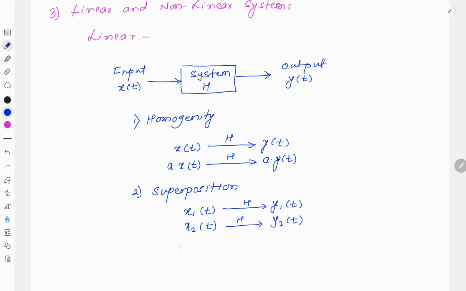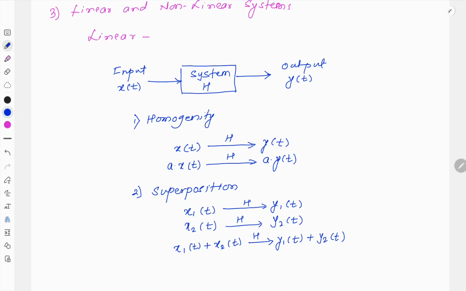And now if I apply both inputs simultaneously, so x1 of t plus x2 of t, then my output should be y1 of t plus y2 of t. This is the principle of superposition. So if I apply two inputs simultaneously to a system, my output should again be the addition of the individual outputs. If our system satisfies these two principles, it is called a linear system.